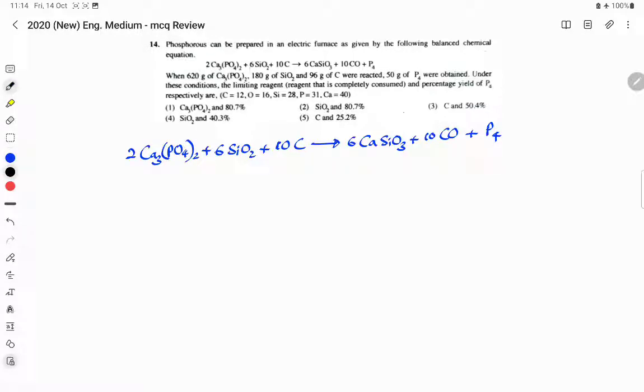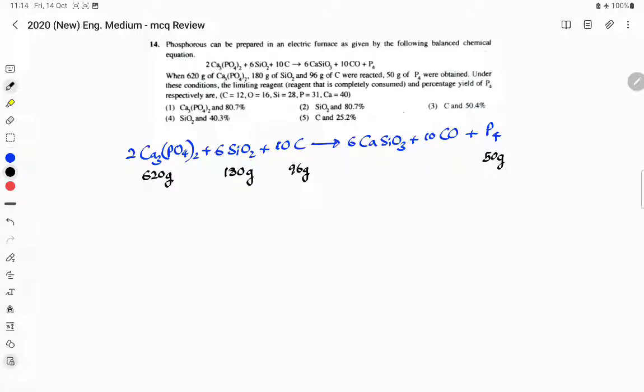Right, the amount of calcium phosphate is 620 grams, silicon dioxide amount is 180 grams, carbon amount is 96 grams, P4 amount is 50 grams.